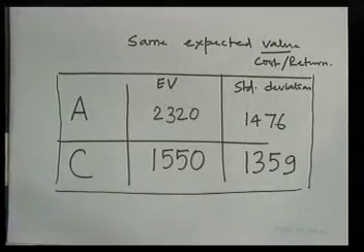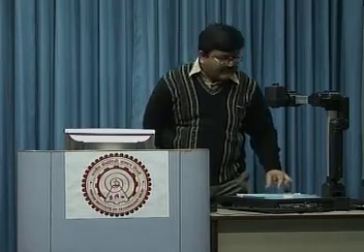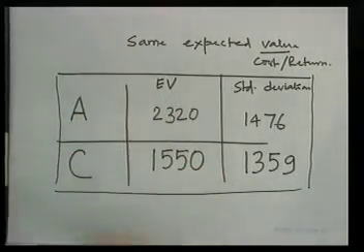So, under such circumstances, you have to trade off between maximizing the return and minimizing the risk. If you remember, risk we are measuring with the help of sigma square or sigma. So, under this situation, you have to really trade off between maximizing the expected value and minimizing the risk.